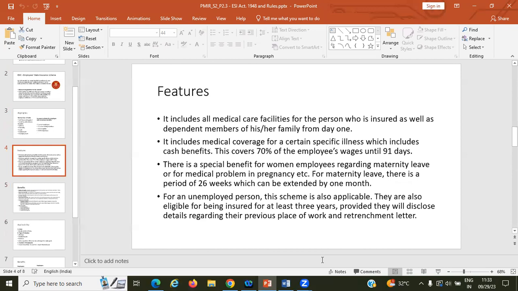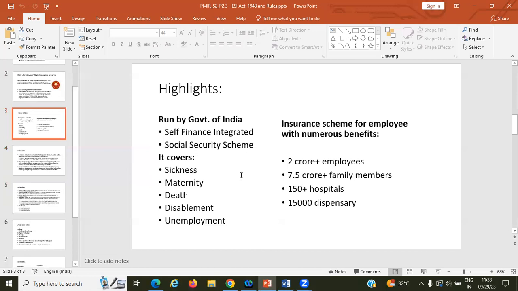Once you remember them, you can write things around that. And in the benefits, it gives benefits to the dependent family members. That is also one feature you can note. Here also some points.